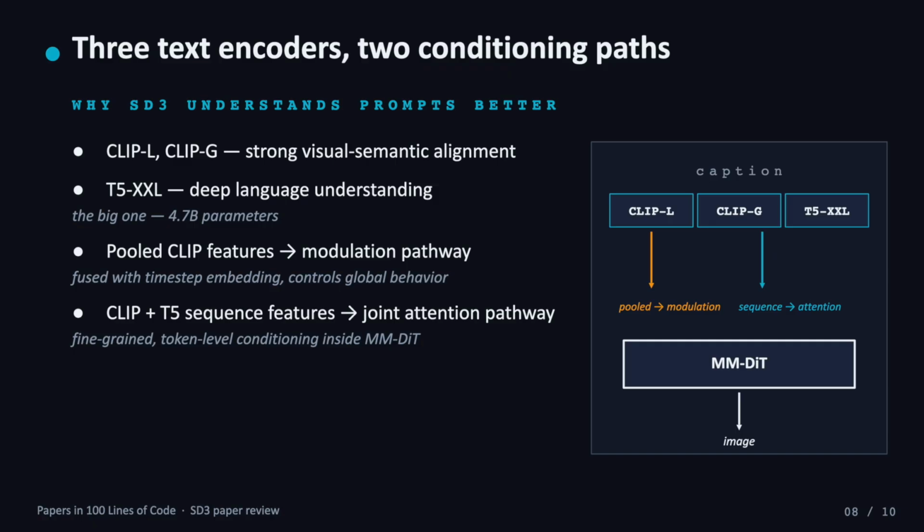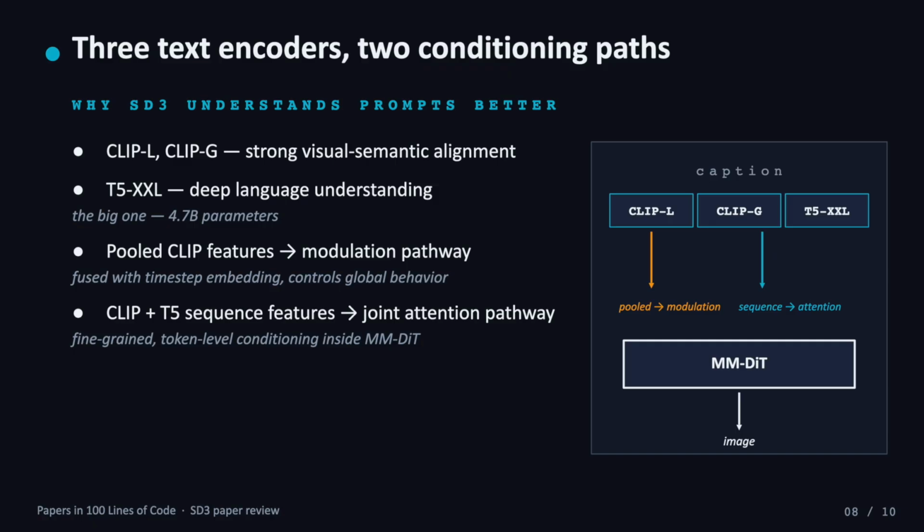To turn a caption into something the network can use, the paper uses 3 text encoders: CLIP L and CLIP G, both with strong visual semantic alignment from contrastive pre-training, and T5 XXL, a 4.7 billion parameter language model with much deeper textual understanding. These 3 feed into 2 different pathways.